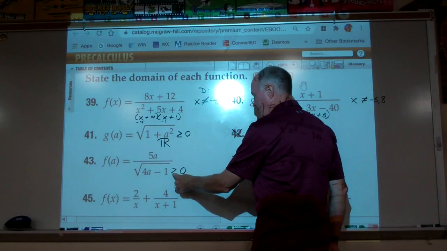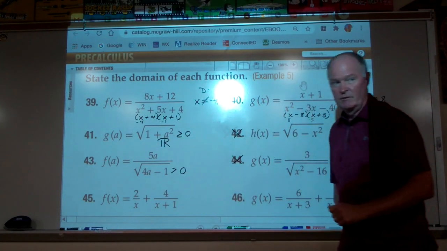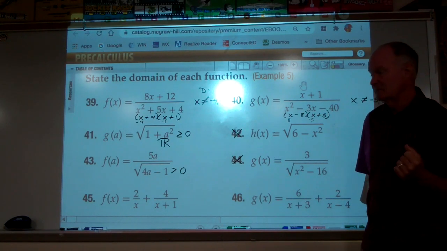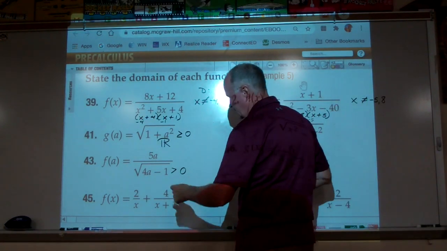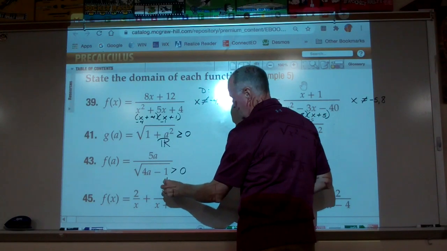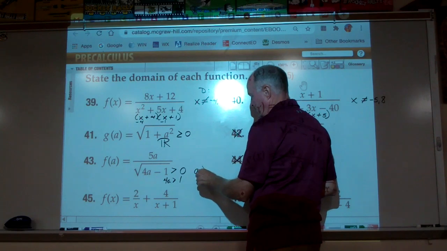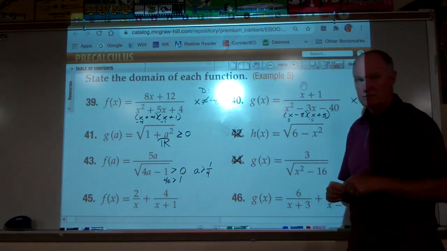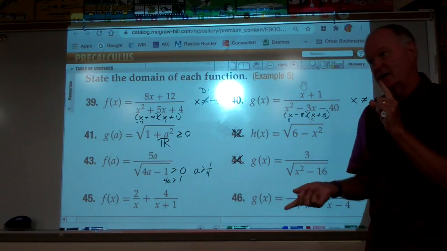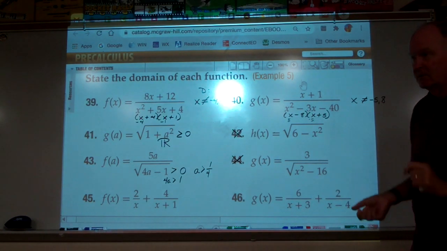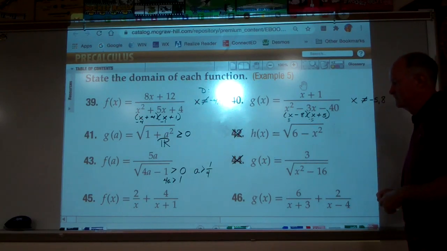Our answer will not have the equal 0 in it. Now I just got to solve it by moving 4a to there and the 1 over, and you would get a is greater than 1. Just make sure, remember on the inequalities, if you are dividing by a negative number, to switch it. Don't forget to switch it.